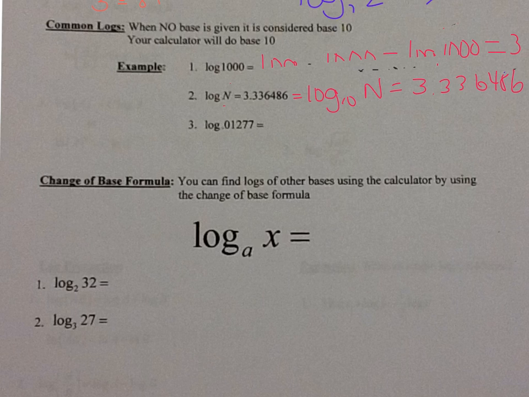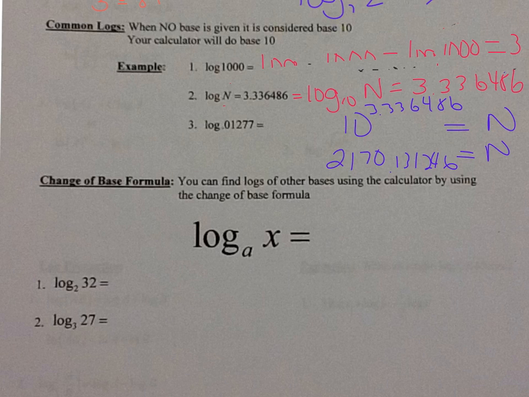And what this means is 10 to the 3.336486 power equals my n. So you plug that in your calculator, 10 caret key 3.336486, hit enter, and you get 2,170.131246 is equal to n.